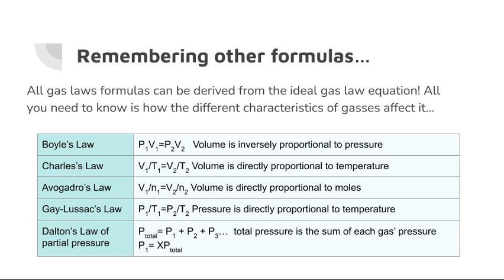And this makes sense because there's more space for the gas to fill up in the larger balloon. So that's why when volume increases, pressure decreases, and if pressure increases, volume decreases. Like this, I suggest finding examples for all the other laws and just remembering how one variable alters another.